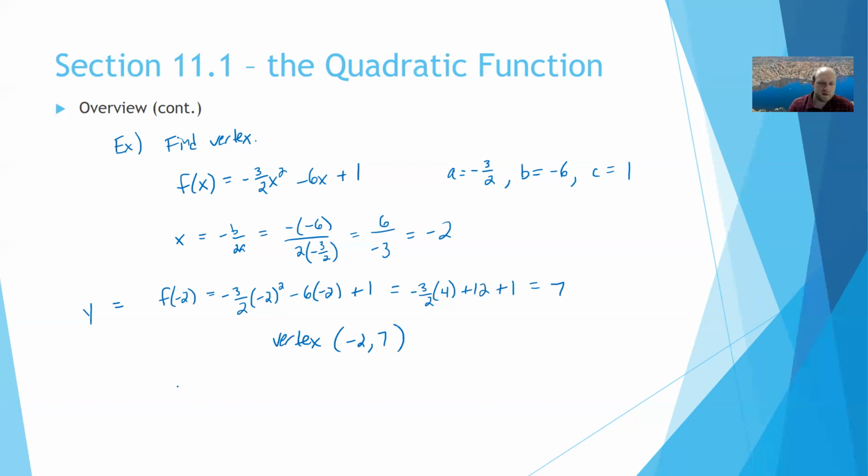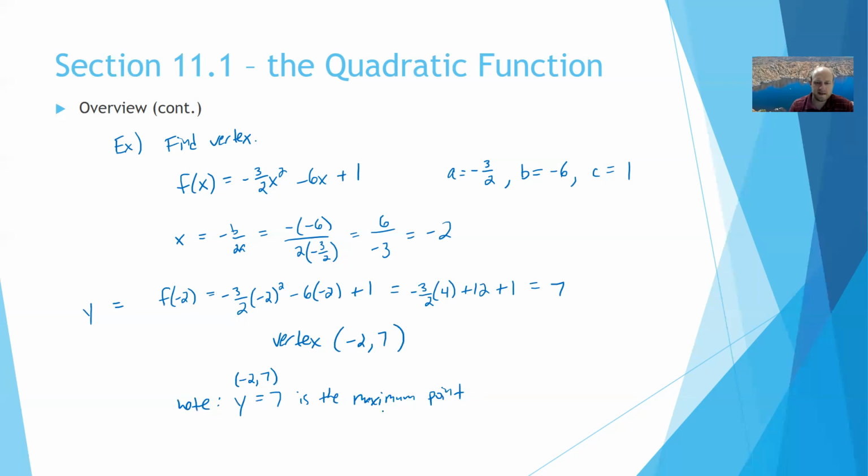And just a quick note here, note that y equals 7 is the maximum point, or we could say our vertex, -2, 7, is the maximum point in this.